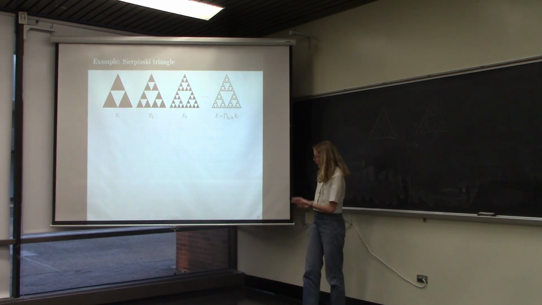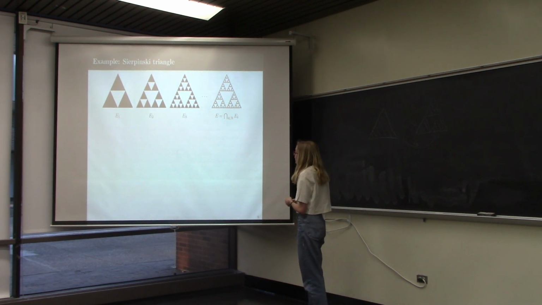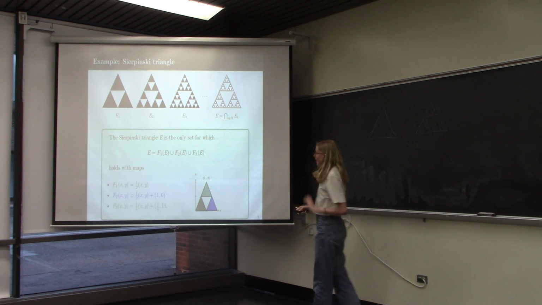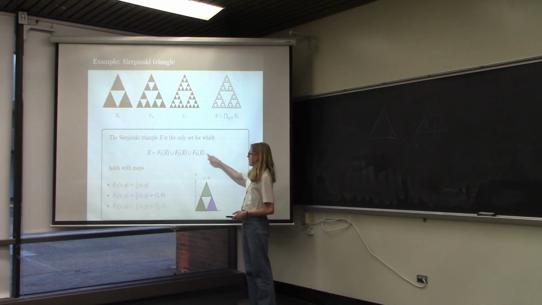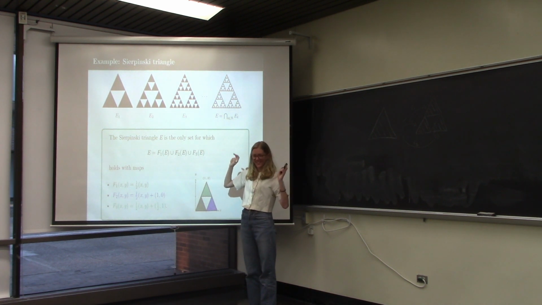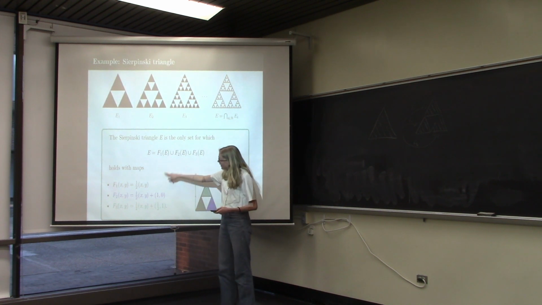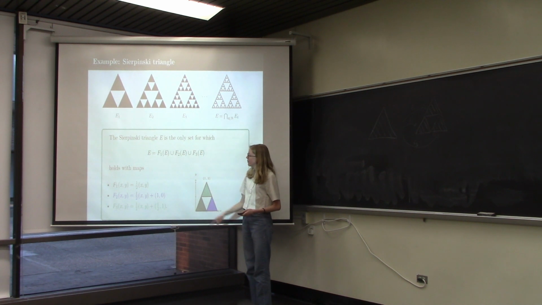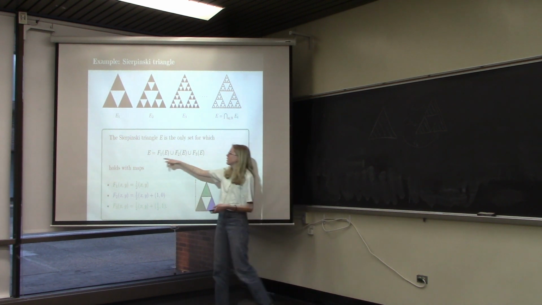And what I claim now is the following. I claim that this Sierpinski triangle is the only set which is a fixed point, a set that, if I apply these 3 maps, or just the union of whatever the images are, to the Sierpinski triangle, it will stay the same.